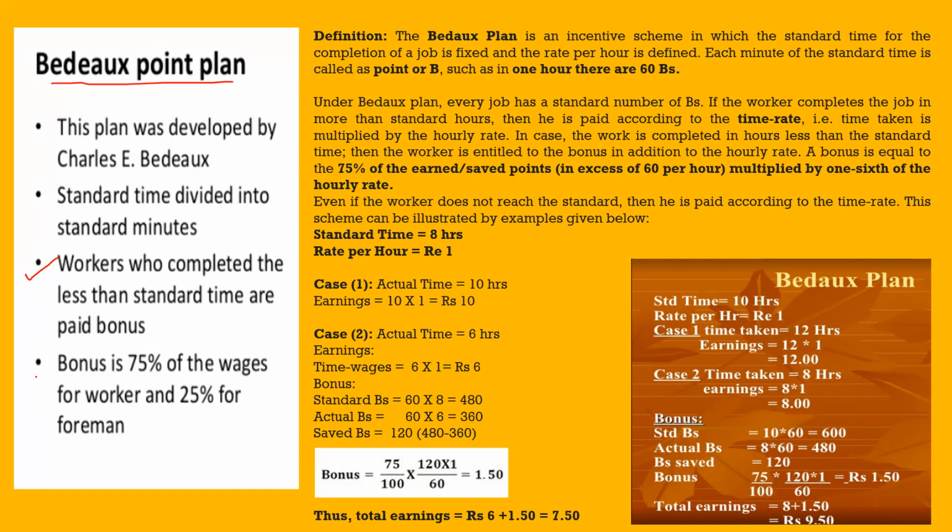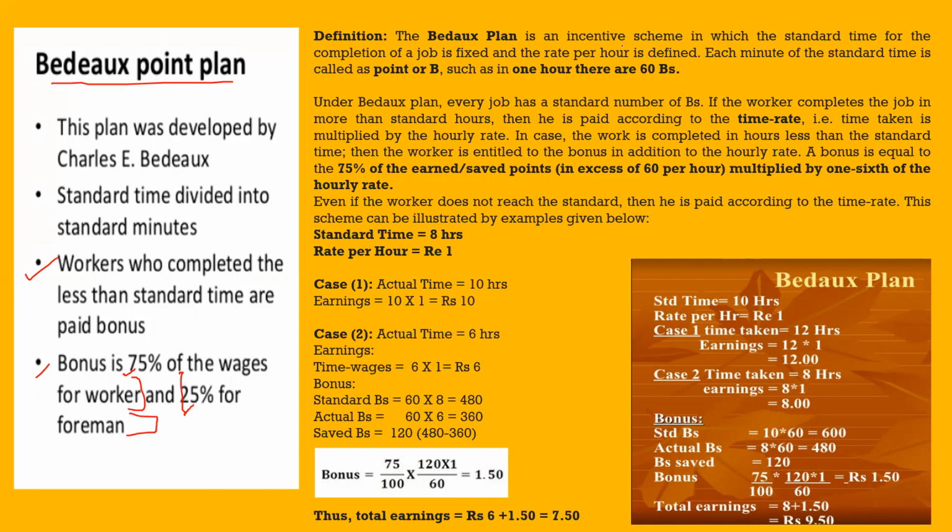So the bonus is 75% of the wages for the workers. In the case of the foreman, the bonus should be 25%. Obviously a worker who puts in a lot of effort should be paid more. That's why this plan considers the workers should be paid more. 75%, foreman should be paid 25%. Okay, let's see what actually it is.